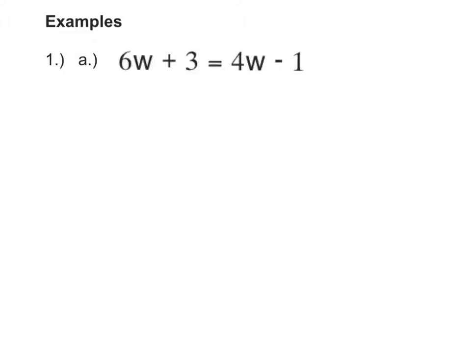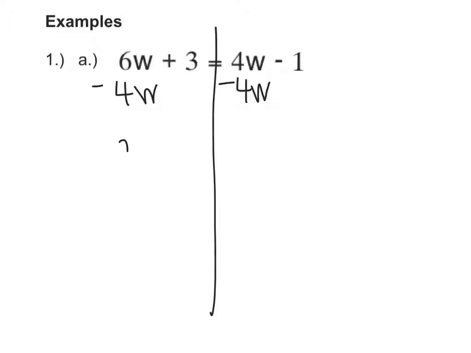Here's our first example. We are going to solve this just like we did when we have variables on both sides. We want to usually try to move the smallest variable. So I'm going to subtract 4w. 6 minus 4 is 2w. I'm going to bring down my plus 3.